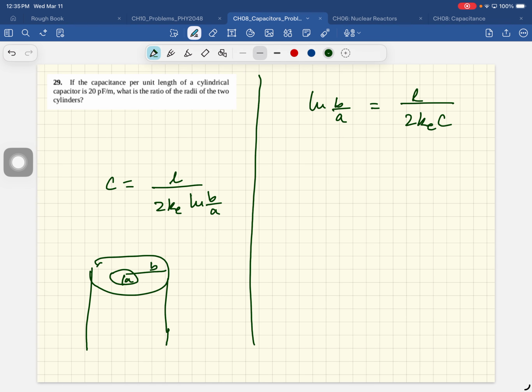So B by A equal to e to the power L. Exponential.